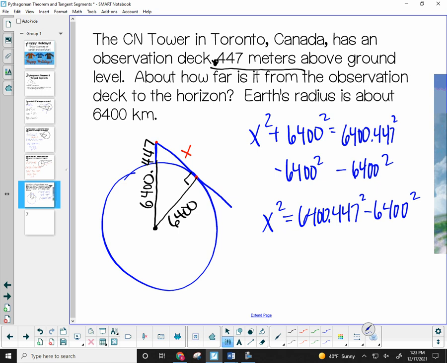Could you just put 447 squared? No, because keep in mind order of operations, exponents have to come before subtraction. If I put that in my calculator, just as you see it there, x squared equals 5,721.799. It doesn't really matter what that is because we're still in x squared.